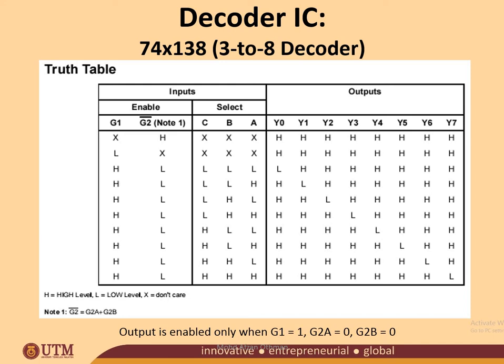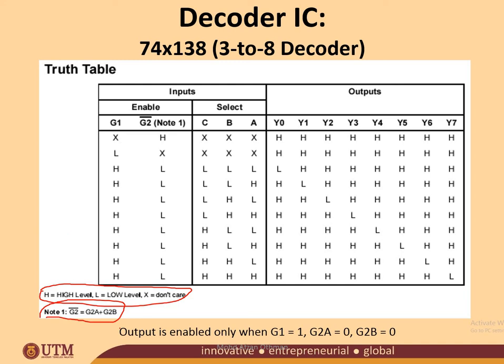This is the truth table of the 74138 decoder. You may see this truth table and try to understand it. It's actually similar, just that we have more enables now instead of only one just now. Please see note 1: G2 equals G2A plus G2B. When you read, don't just read halfway, you need to read it all to grasp the full information.